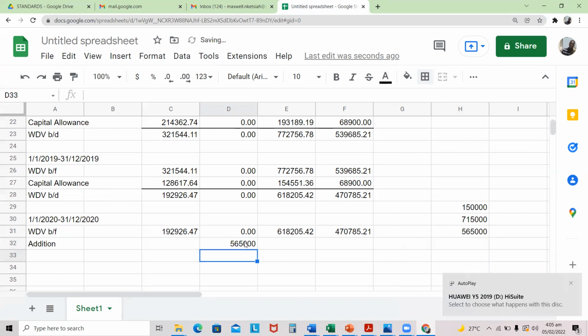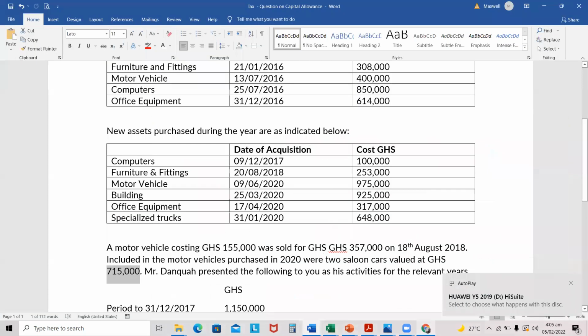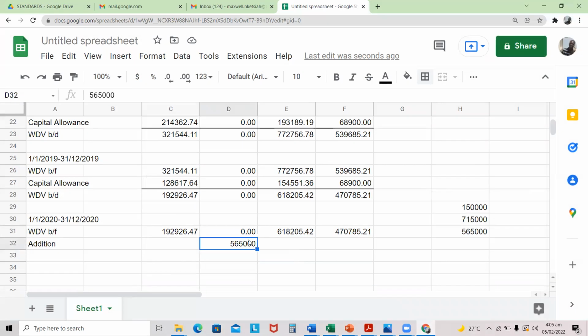And then there was also a purchase of specialized trucks. So specialized trucks are also under class 2. So we add this one, plus 648,000, like this.